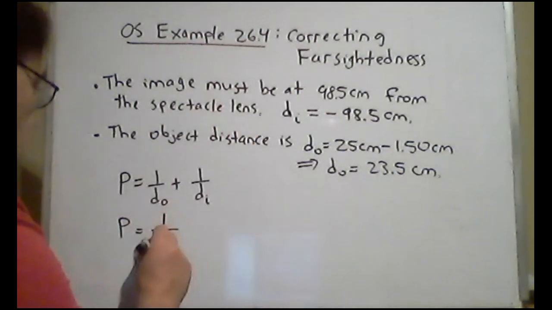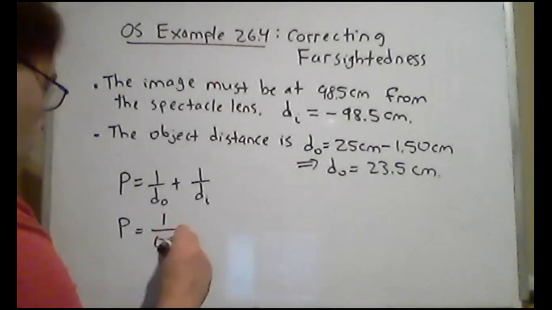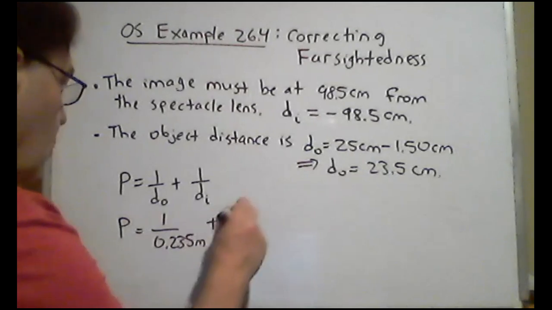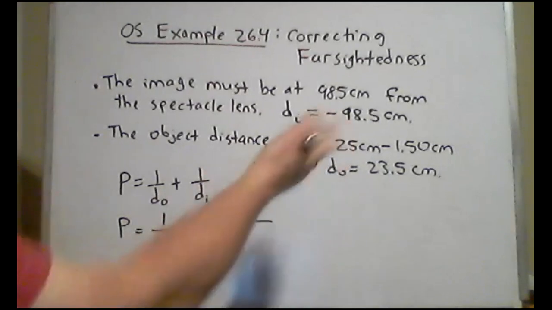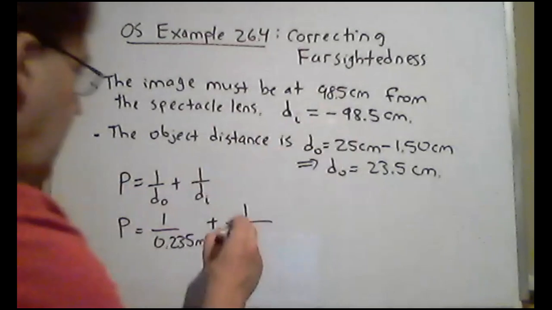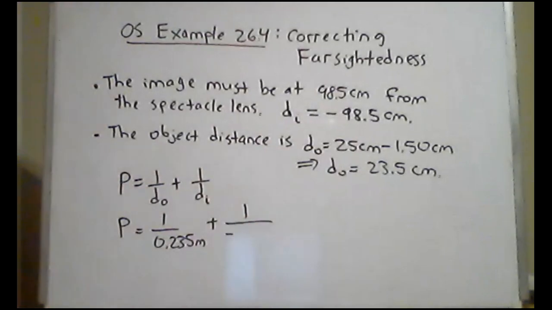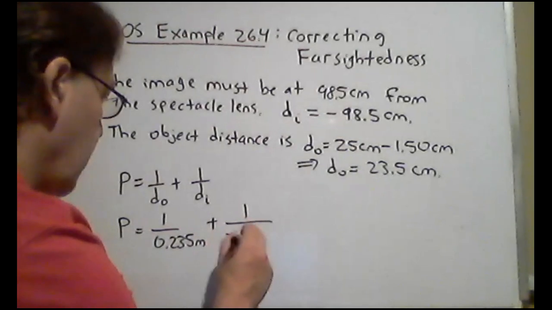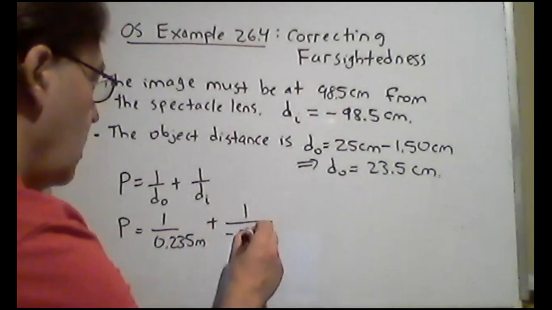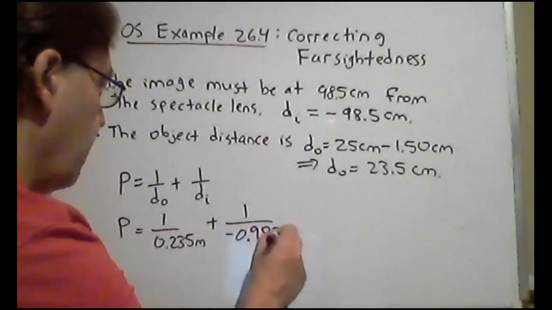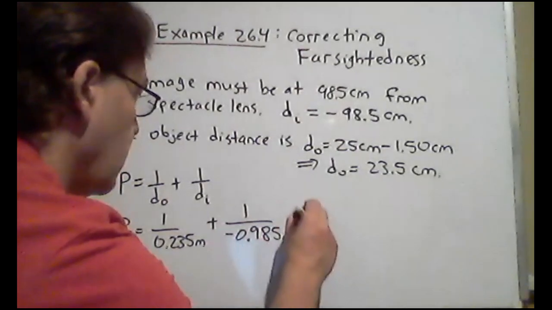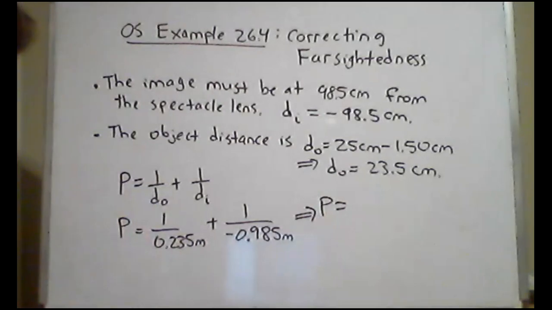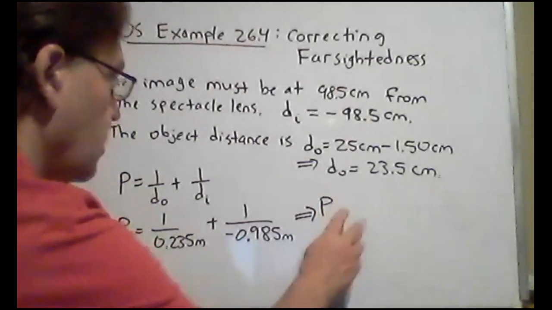So 1 over 0.235 meters plus 1 over, be careful, it's negative, right? The negative image, because it's on the object side of the lens. That's where I'm trying to form my image. Negative 0.985 meters. If I work this out, I find that the power is a positive 3.24 diopters.